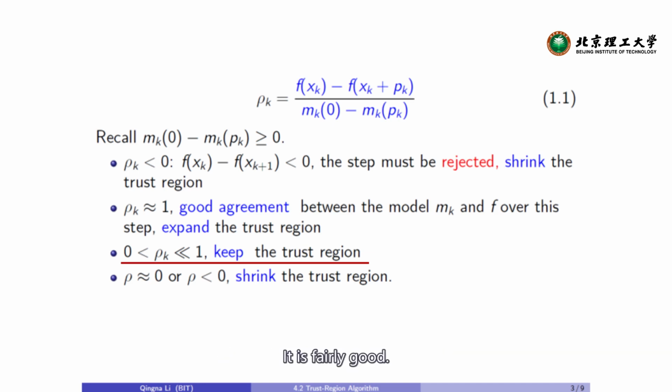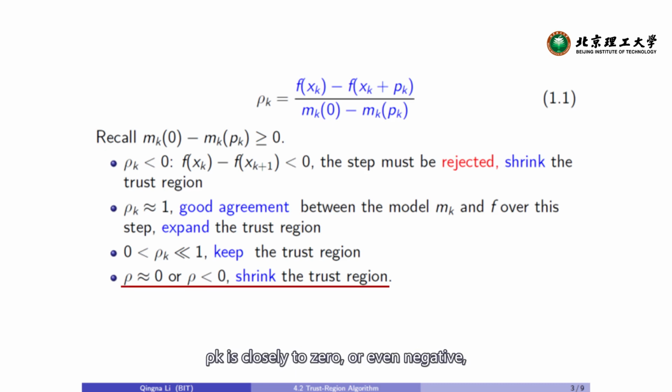It is fairly good. So in this case, we just keep the current trust region and move on. The final case is a very bad situation, for example, rho k is close to 0 or even negative, then we will shrink the trust region and repeat the process.